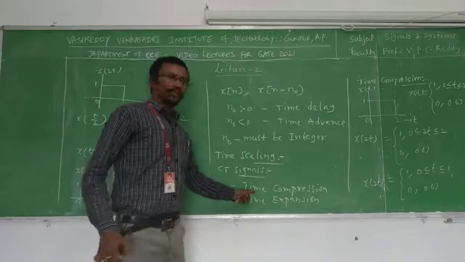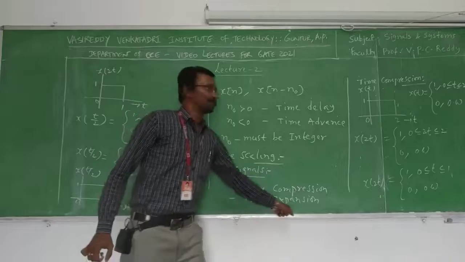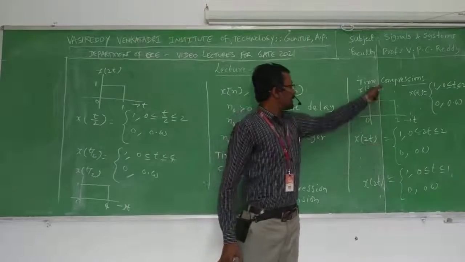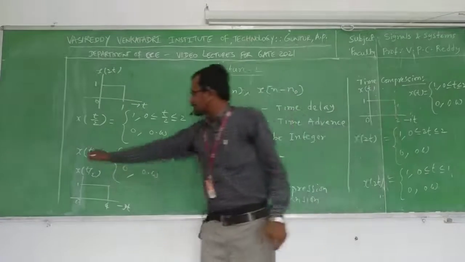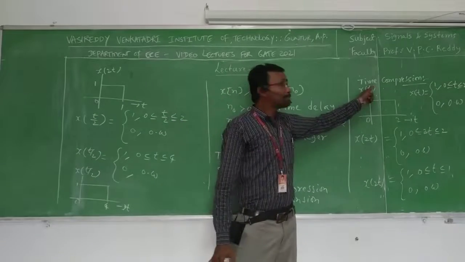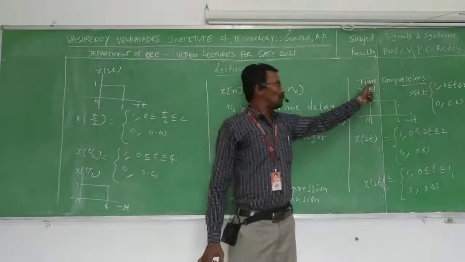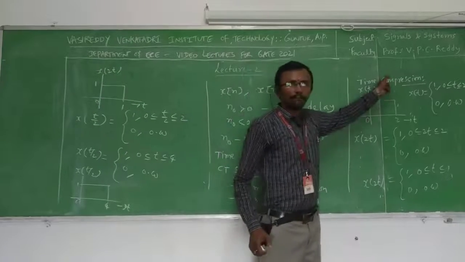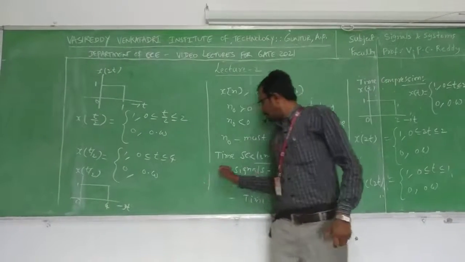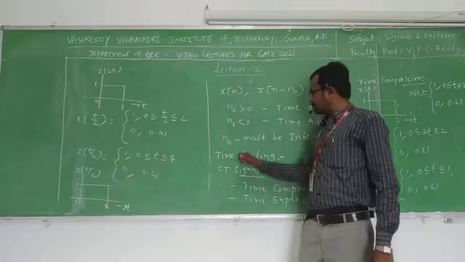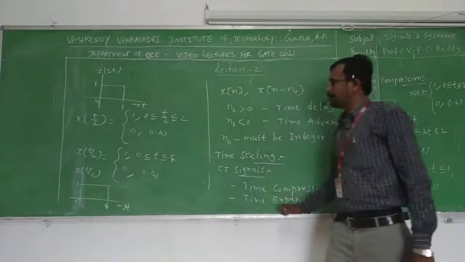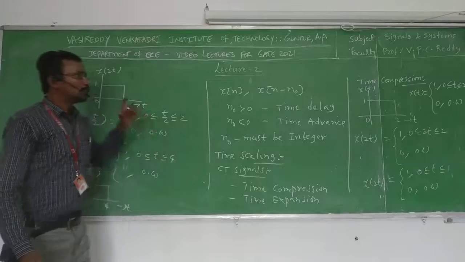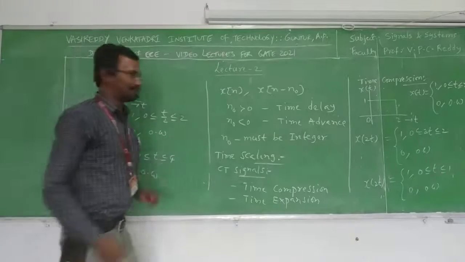So we have two operations, time compression and time expansion. x of 2t is the time compressed version of x of t, and x of t by 2 is the time expanded version of x of t. This is a simple example of time scaling, time compression and time expansion for continuous time signals. Next we will see these two operations for discrete time signals.